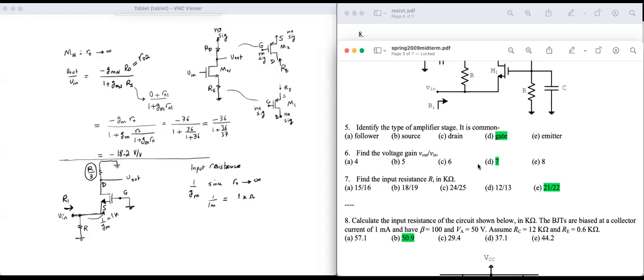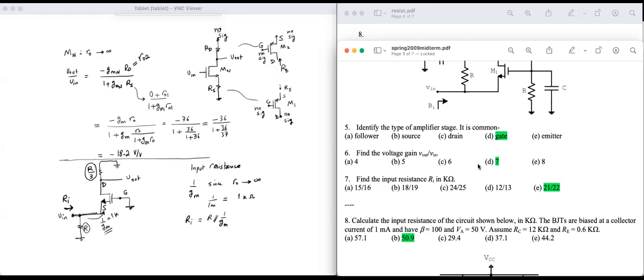But R in the input resistance is not this, because there's R also. So Ri would be R in parallel with 1 over Gm. They're both connected to the input.